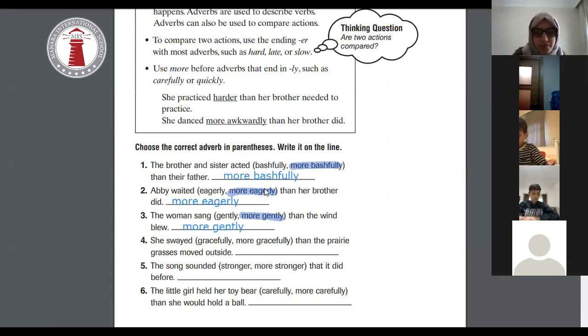That was a vocabulary word. So do you think it's gracefully or more gracefully? More gracefully. We're comparing between two things here, two actions. Good job, Zaina. Okay, guys, so we're going to end the lesson now.